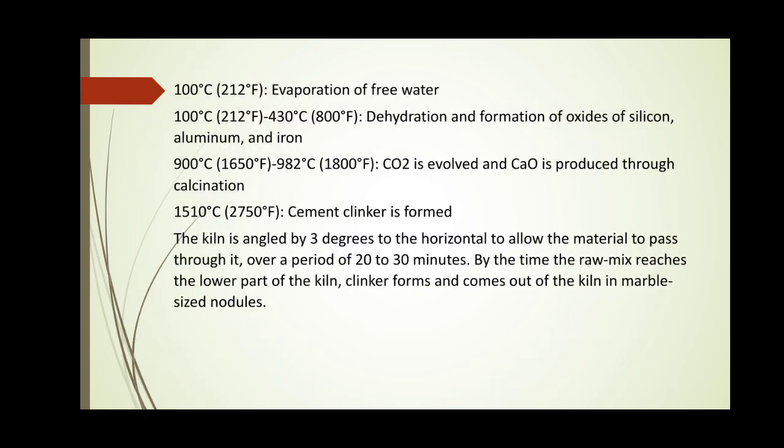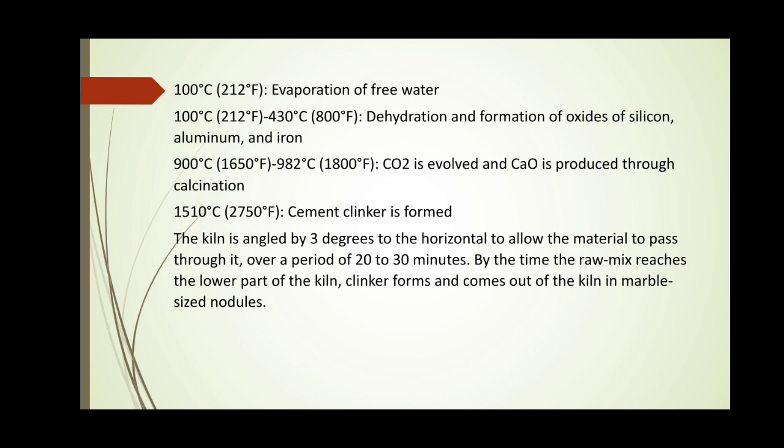At 100 degrees centigrade, that is 212 degrees Fahrenheit, evaporation of free water is carried out. At 100 degrees centigrade or 212 degrees Fahrenheit to 430 degrees centigrade or 800 degrees Fahrenheit, dehydration and formation of oxides of silicon, aluminum and iron is done.